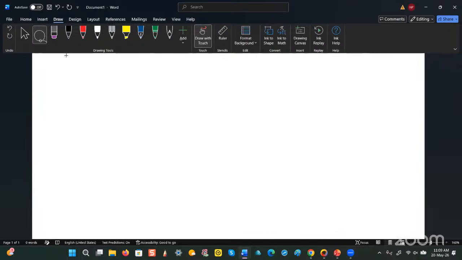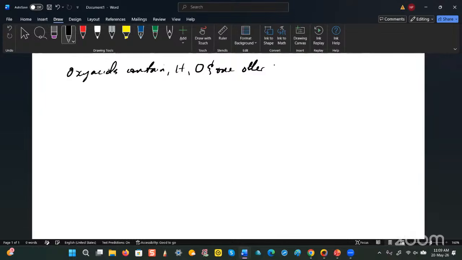Oxyacids contain hydrogen, oxygen, and one other element. All right? So that's what oxyacids are. They contain hydrogen, oxygen, and one other element. All right? So the way I'm going to go about showing you how to name oxyacids, I'm going to start off with the ions from which they're formed.